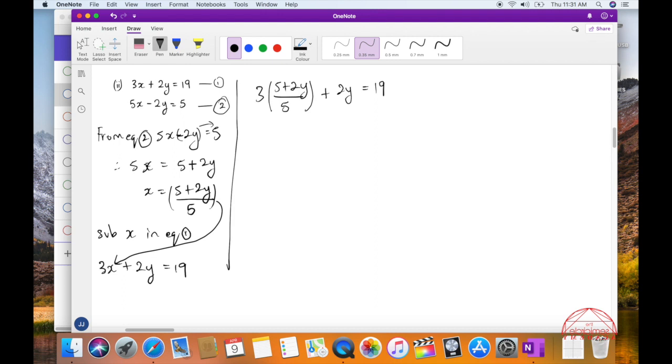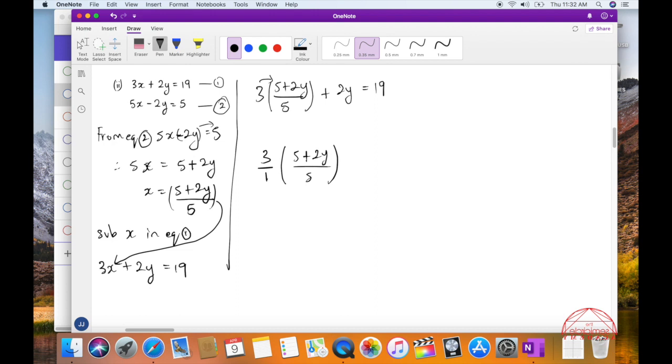So I have two options. If I want, I could multiply 3 by the numerator. Why can I multiply 3 by the numerator? Because remember, 3 is a fraction, 3 over 1. So I have two fractions, 3 over 1 multiplied by 2y over 5.